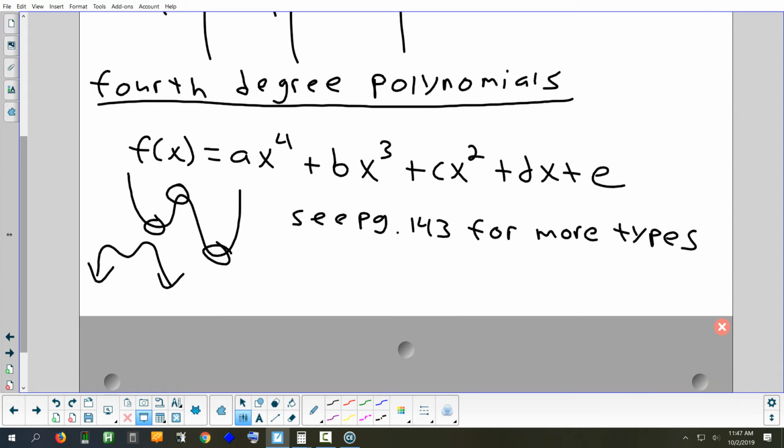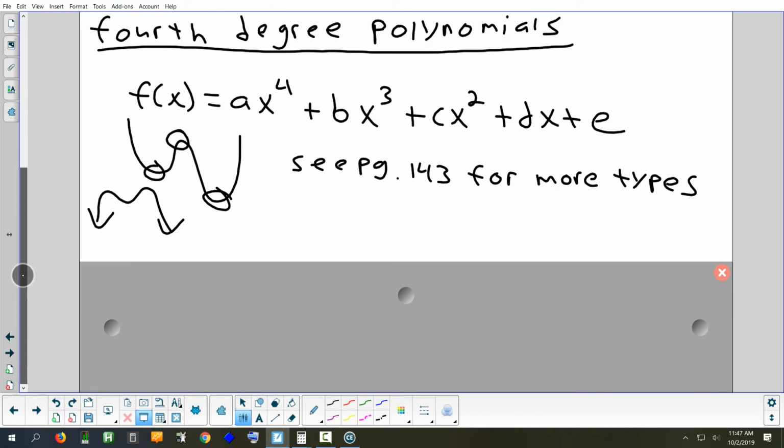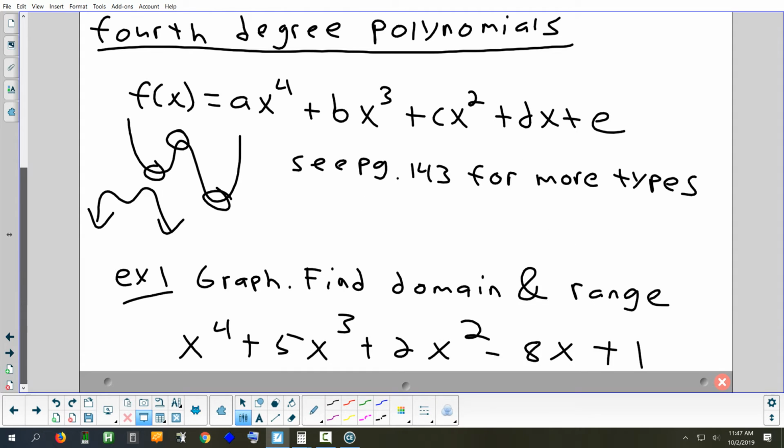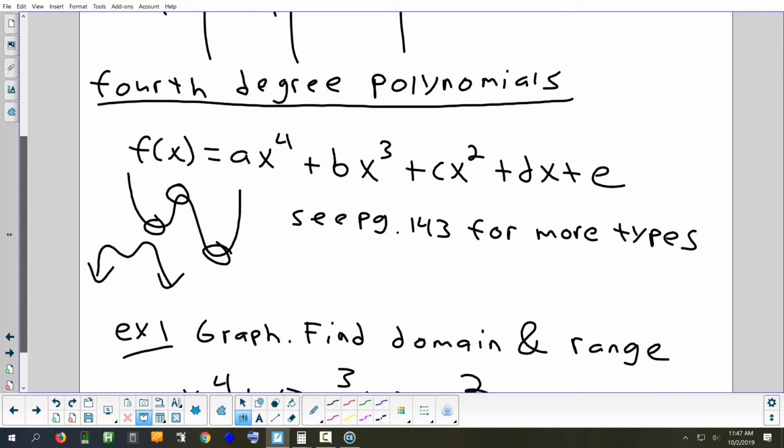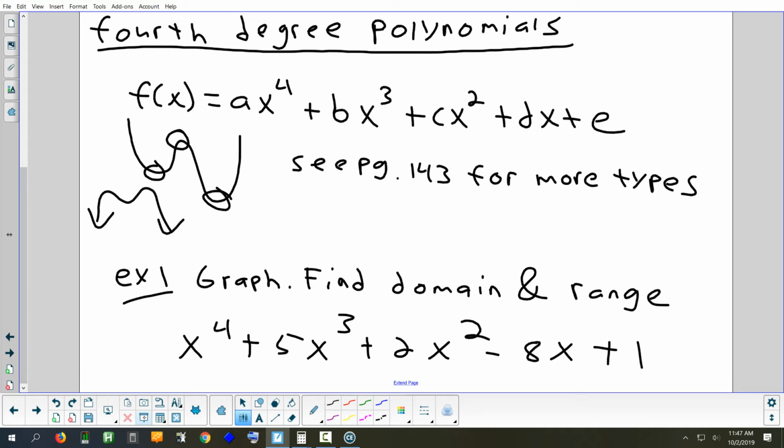I'm not going to draw a fifth degree, but how many times could a fifth degree turn? Could turn up to 4 times. Okay. So here's a polynomial. It's a fourth degree. And it says find the domain and the range. Well, what's the domain?